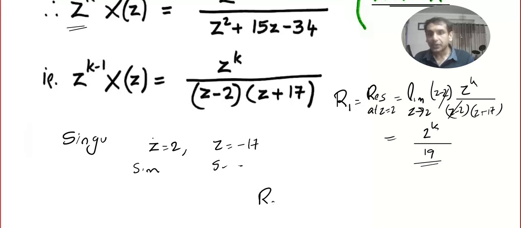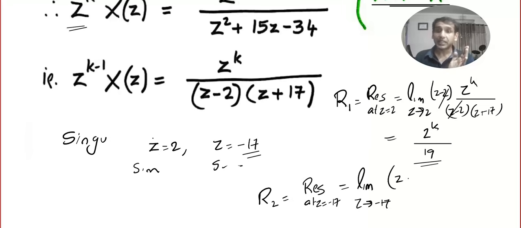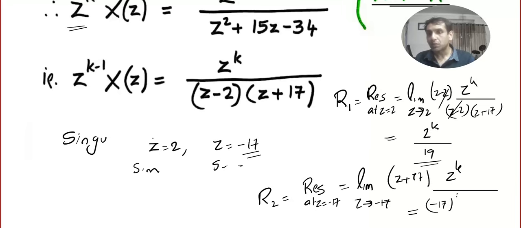Similarly, residue at the second singularity, the second pole, Z equal to minus 17. That will be limit Z tends to minus 17, Z plus 17 cut, and you're going to get minus 17 the whole power k by minus 19.